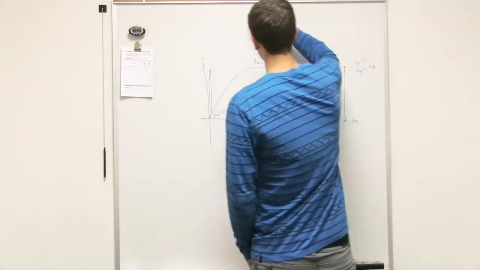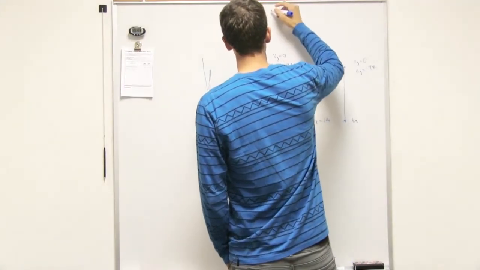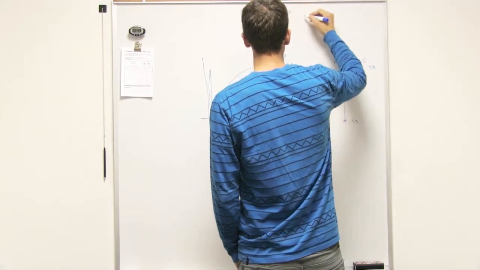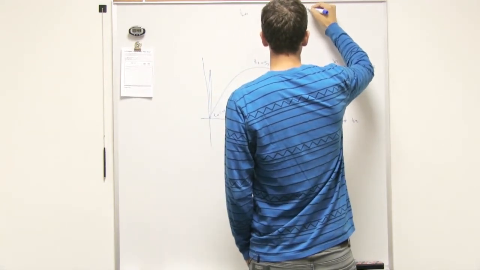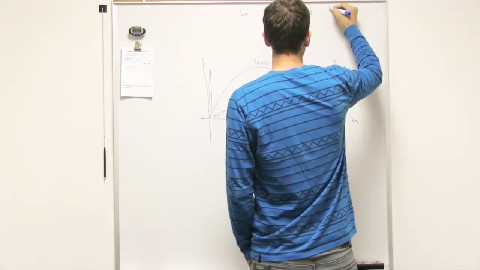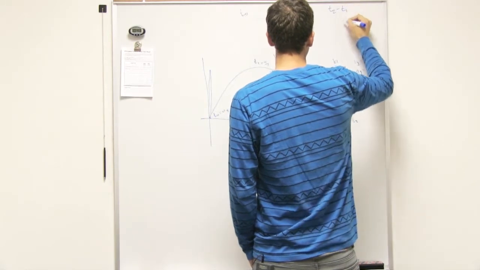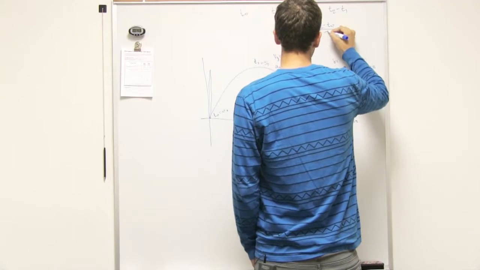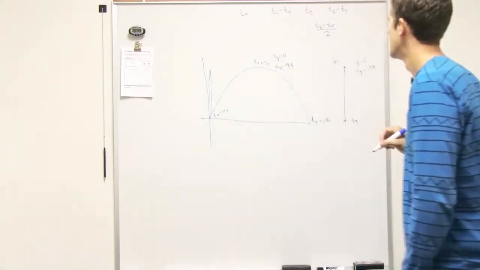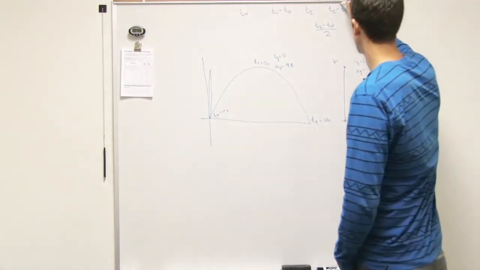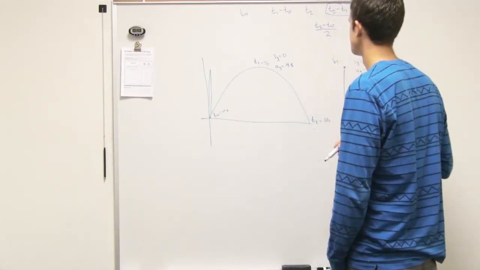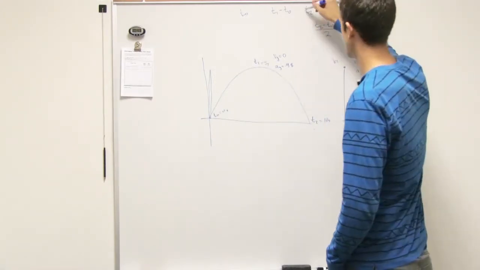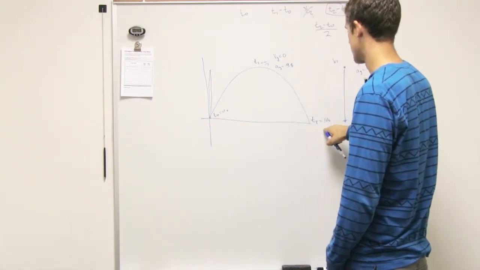T naught, T1 minus T naught, T2, T2 minus T1, and T2 minus T naught, divided by 2. Okay. So we've already decided that T2 minus T1 works, and that T2 doesn't because it's just too much time. Because that's this full length of time.